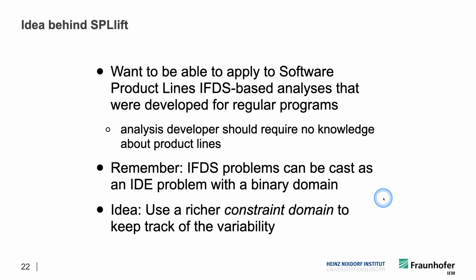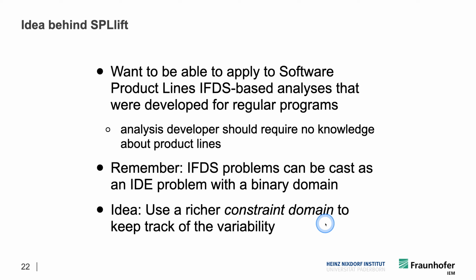And we will now assume that you have such a representation, that you have implemented IFDS by using an IDE solver with such a binary domain. But then we replace this domain using a richer constraint domain that takes care of the different feature configurations.